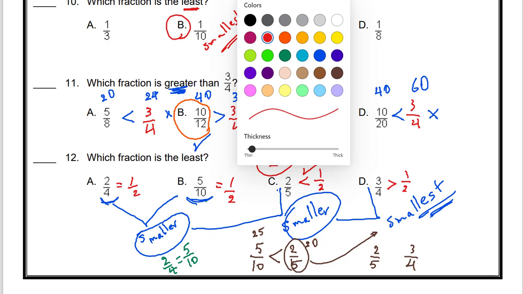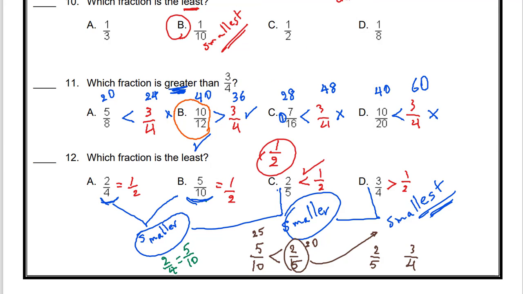Go ahead. 5 times 3, 15, and 4 times 2, 8. So which one do we need to write? 3/4. And which one is the smallest? 2/5. So it's easy now, my heroes, to say that the smallest is 2/5.